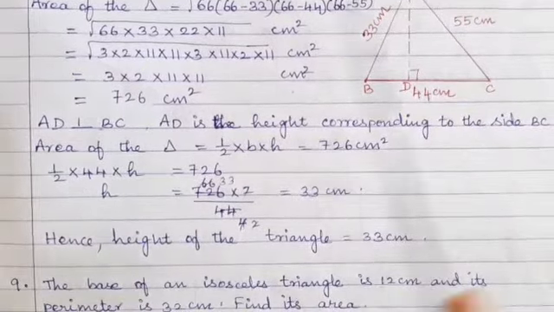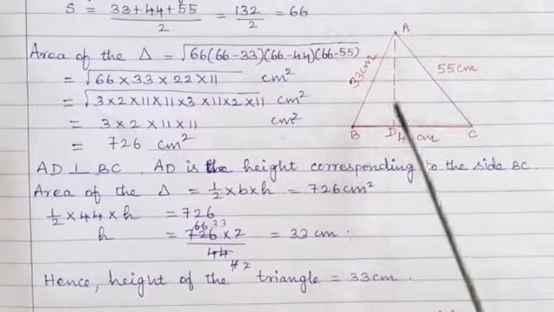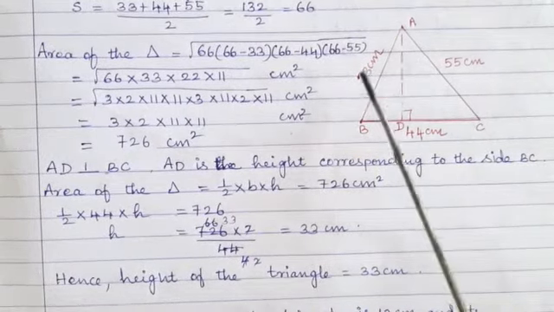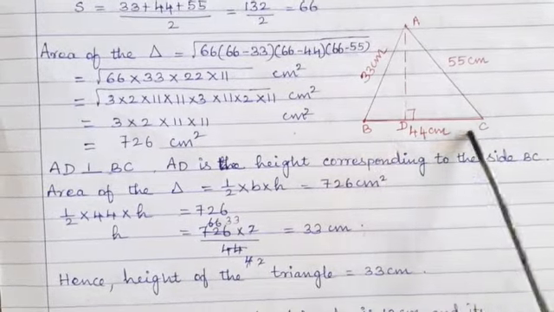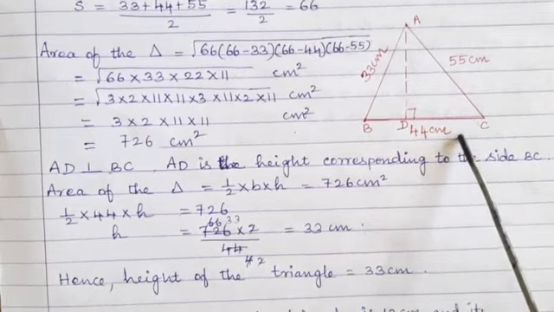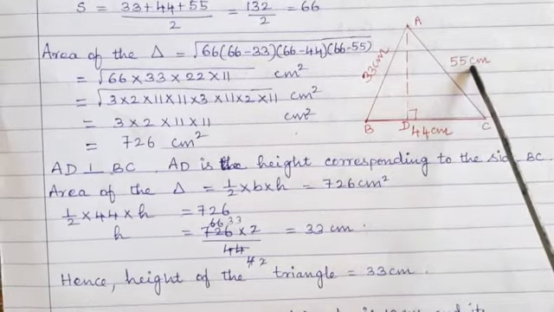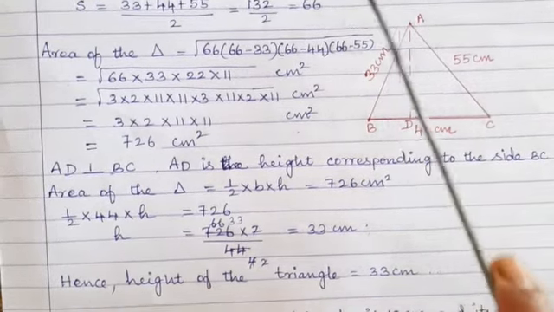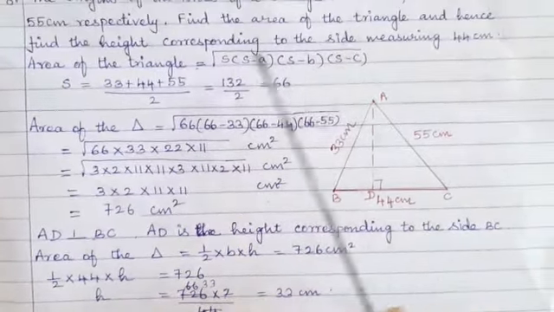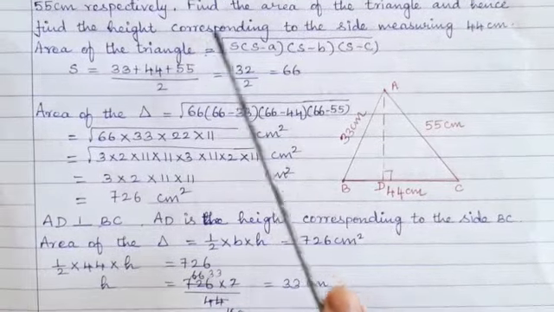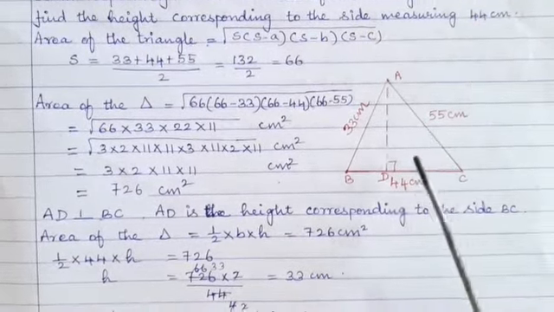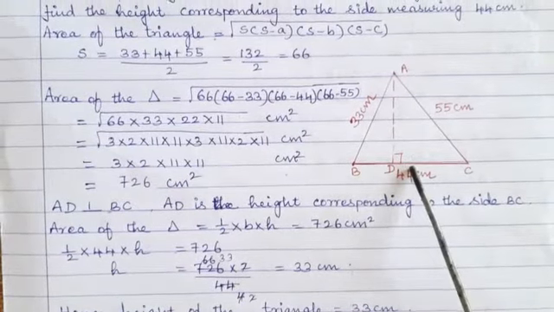Here now we have to draw the triangle figure. ABC is any triangle. I have taken BC as the base. BC is 44 centimeter, CA 55 centimeter, AB 33 centimeter. Here it is given that we have to find the height of the triangle corresponding to the side measuring 44 centimeter, so the base will be 44 centimeter.